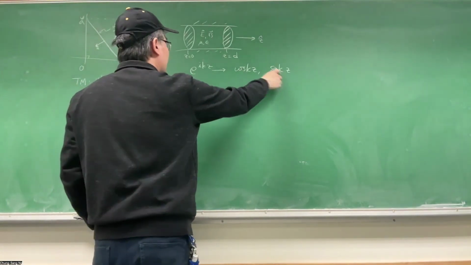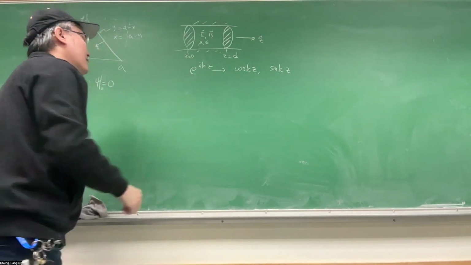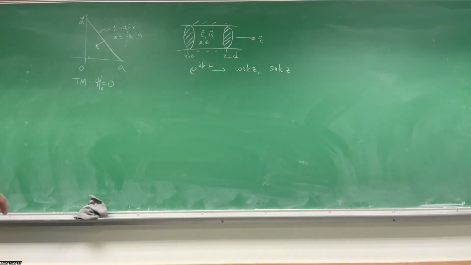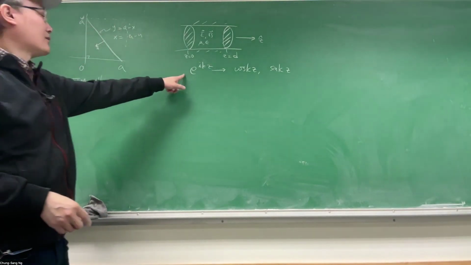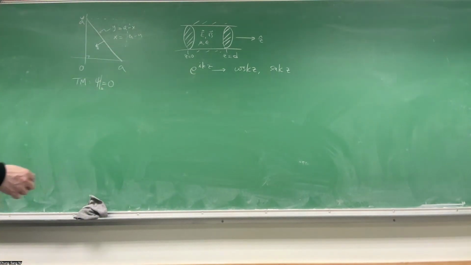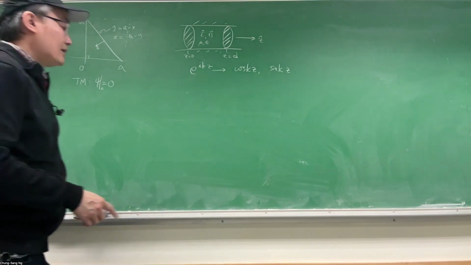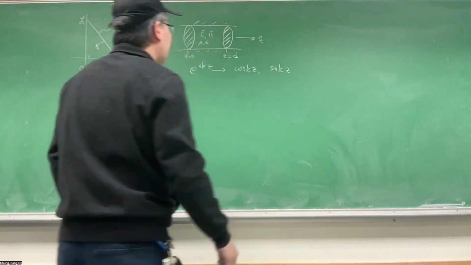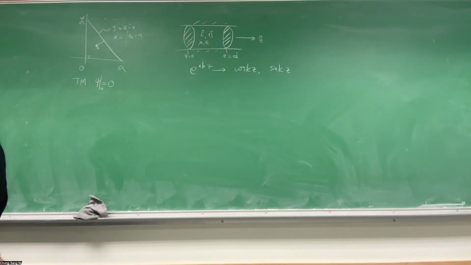It's easier to use this than what we did before, because otherwise we need to include two terms, and that makes the equations complicated. The second step is the same as now: consider either the TM mode or the TE mode.